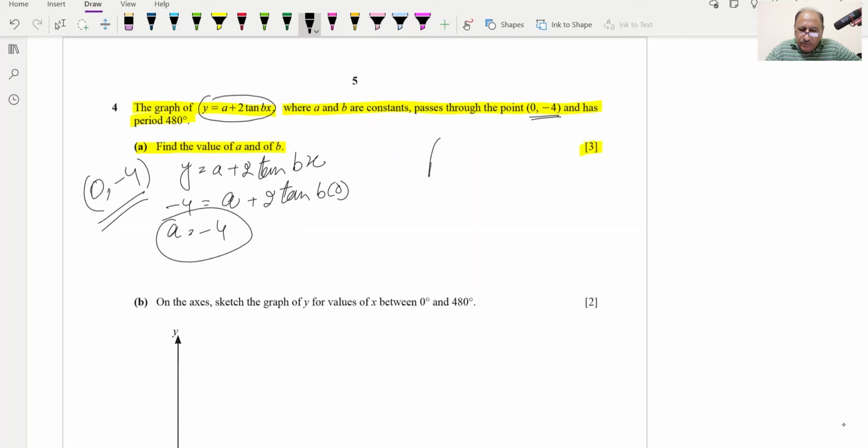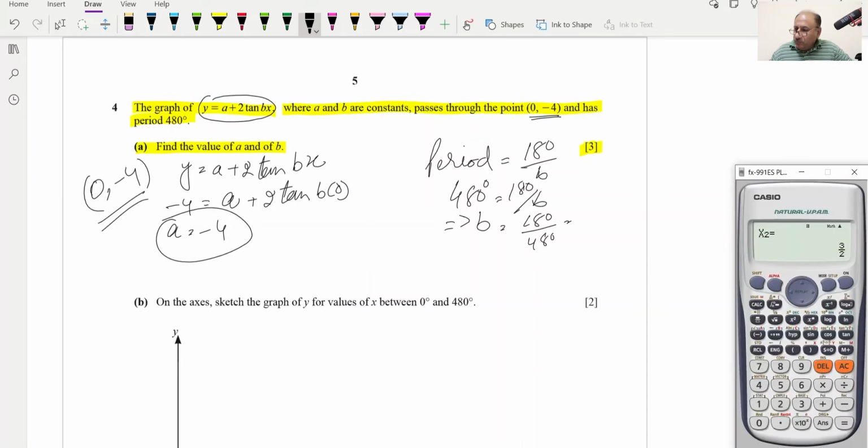We know period will be equal to what? 180 divided by b will be the period, and we know that the period is 480, so we can write 480 is equal to 180 over b, and this implies b is equal to 180 divided by 480, and this will be equal to 3 by 8.